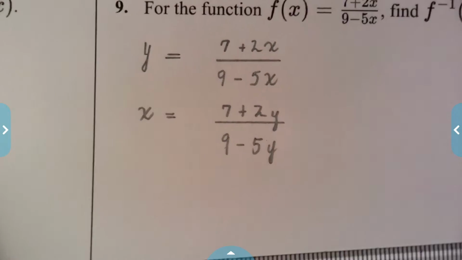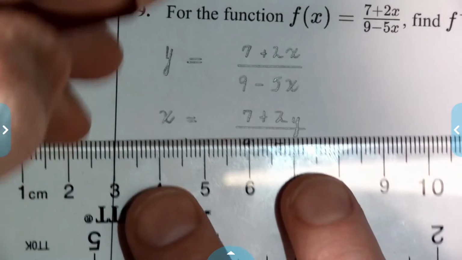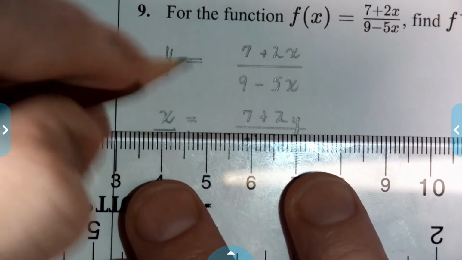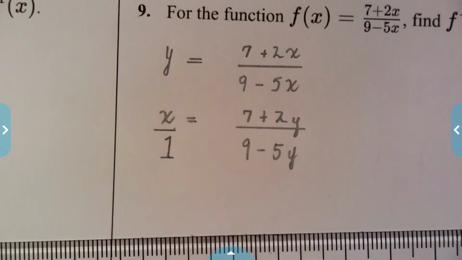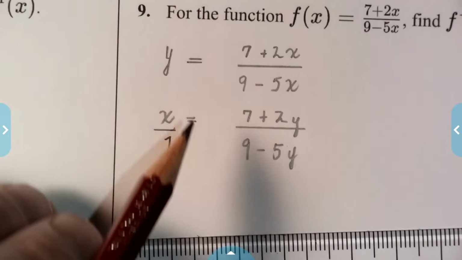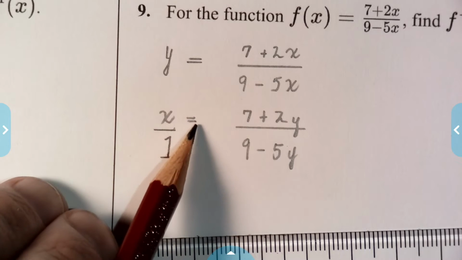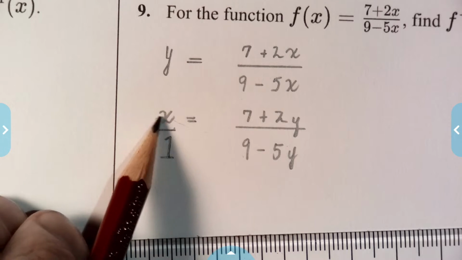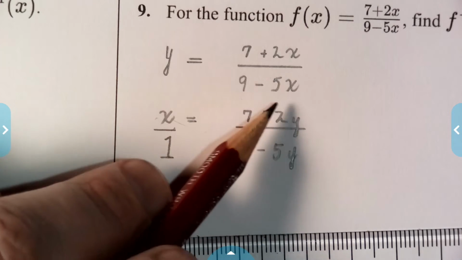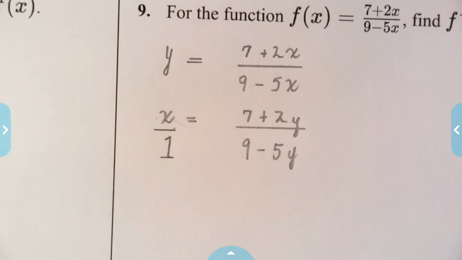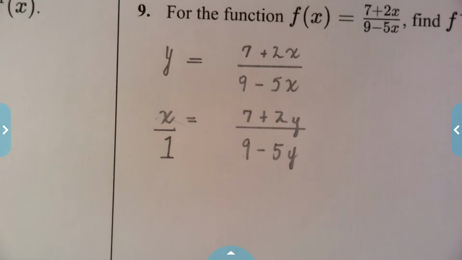Okay, so the next step is to recognize this as a proportion. And then we do the butterfly. We're going to multiply and distribute the x to both these terms, and then set that equal here. So that butterfly is like this.